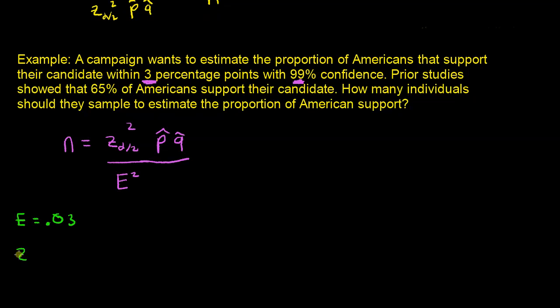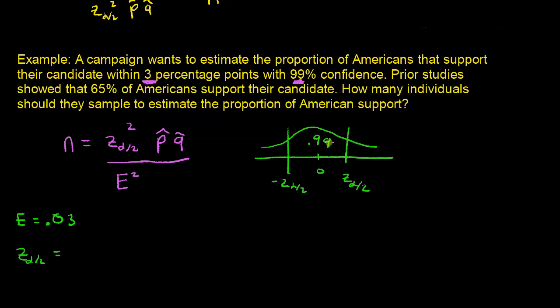And 99% confidence. So when I'm calculating z alpha divided by 2, I'm going to go ahead and draw this over here. Here's z alpha divided by 2, here's the negative version of z alpha divided by 2, and 0.99 is in the center. So that means 0.01 is left over for each tail. 0.01 divided by 2 is 0.005.